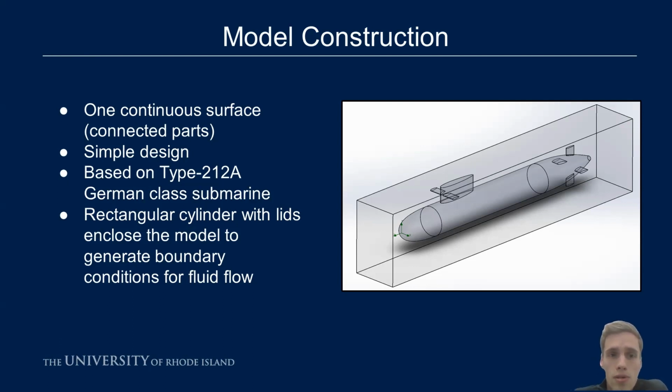For the frontmost lid towards the nose of the submarine, a boundary condition of inlet velocity was added. And then the back lid towards the rudders, a boundary condition of environmental pressure was defined. What this does is it simulates flow going from the front of the ship towards the back. So this simulates a submarine flowing through open water.